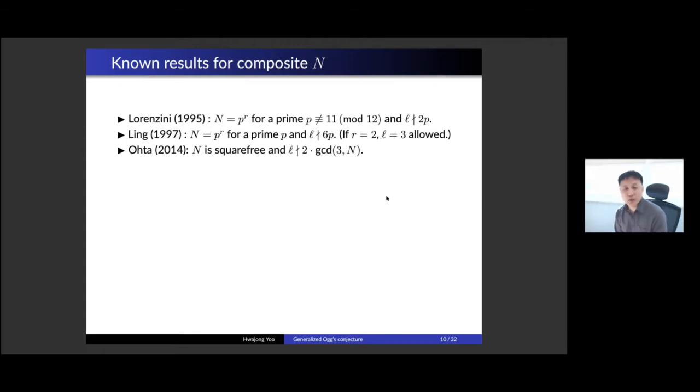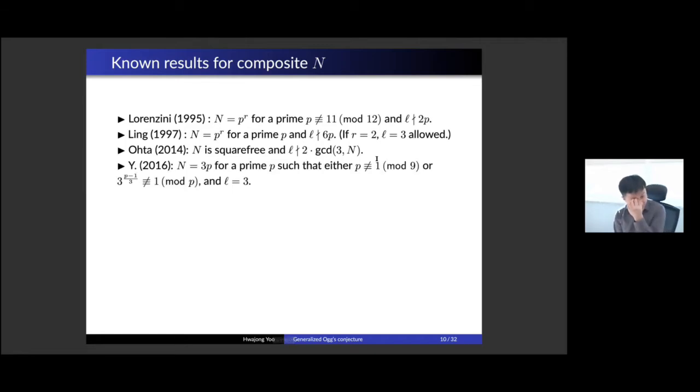And then Masami Ota proved that when n is square-free and L does not divide 2 times gcd(3, n)... this means that when n is square-free, then for a prime L at least 5, conjecture O holds. And when L equals 3, conjecture O holds for square-free integer n which is not divisible by 3.